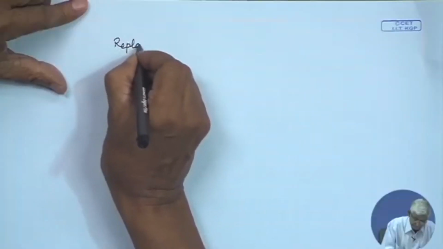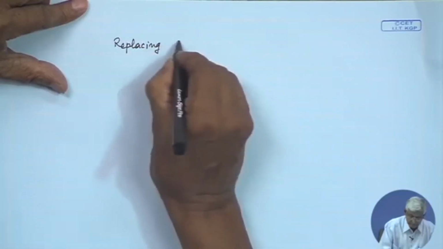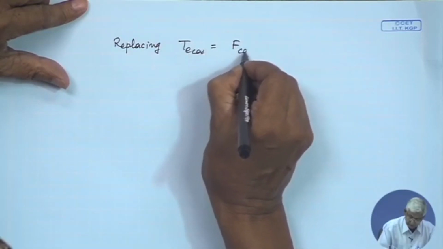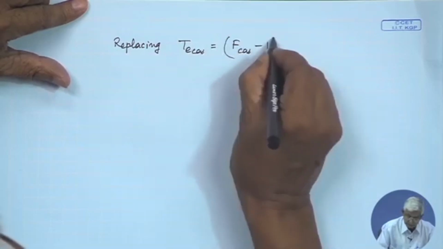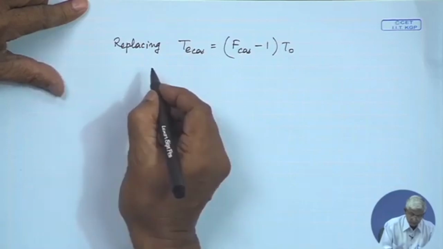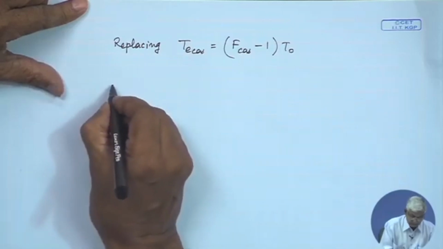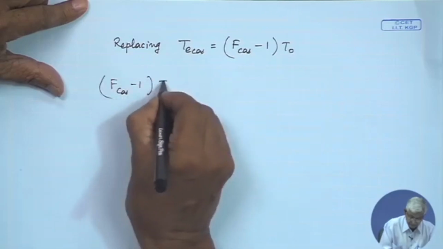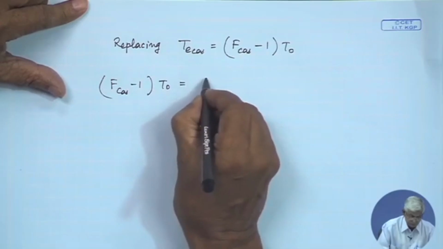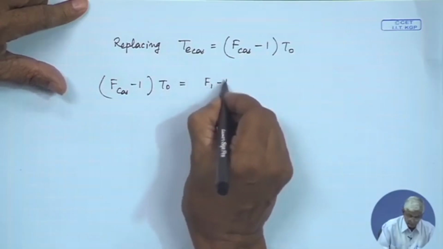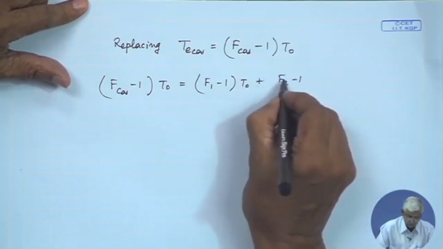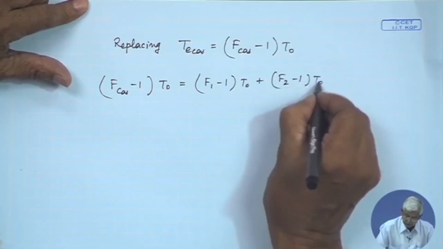Replacing TE cascaded with F cascaded minus 1 into T0, we get F cascaded minus 1 into T0 is equal to F1 minus 1 into T0 plus F2 minus 1 into T0 by G1.